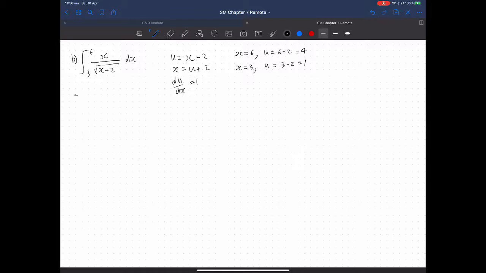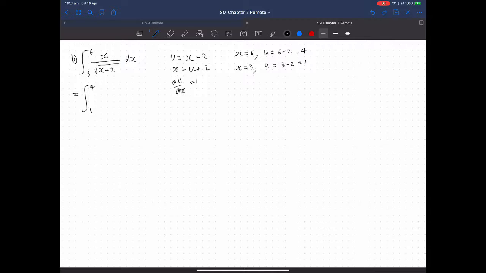Now we're ready to substitute in. The integral from x was equal to 6, so u is equal to 4, so our top terminal is 4. X was equal to 3, u is equal to 1, so our bottom terminal is 1.